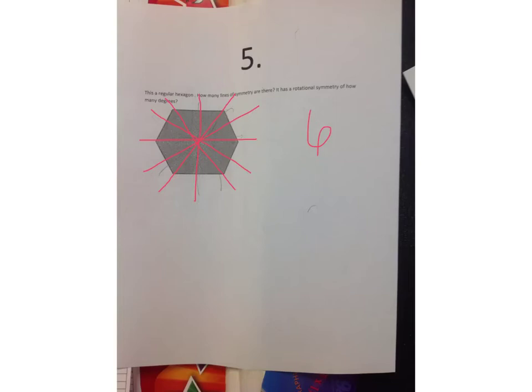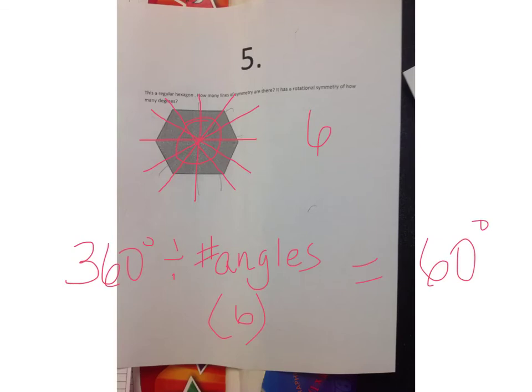And to find the rotational symmetry, you divide 360, because that's the number of degrees in a circle, divided by the number of angles, which for this is 6, and you get your degrees of rotational symmetry. So this one has 60 degrees rotational symmetry, which means every 60 degrees you turn it, it'll be right back on top of itself.